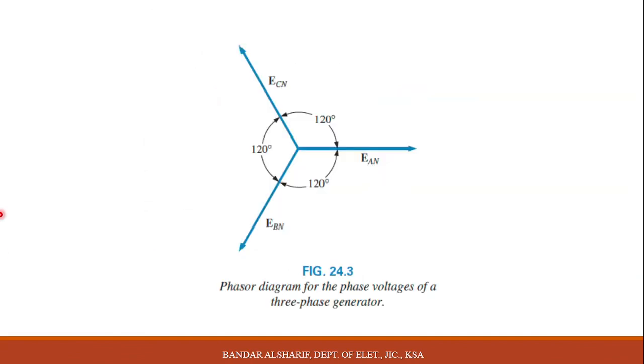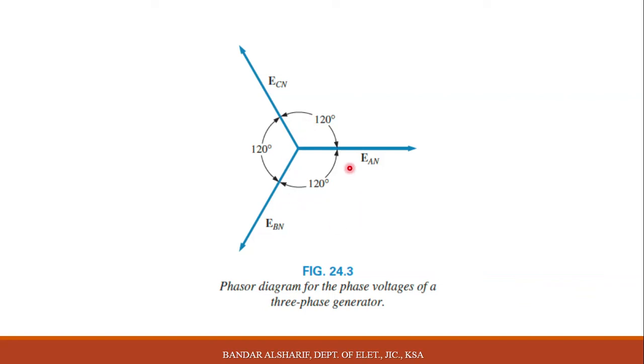We can draw this waveform as a vector, for the value of the voltage or current, and if we consider EAN as a reference starting from 0, then between EBN and ECN and the other there are 120 degrees.